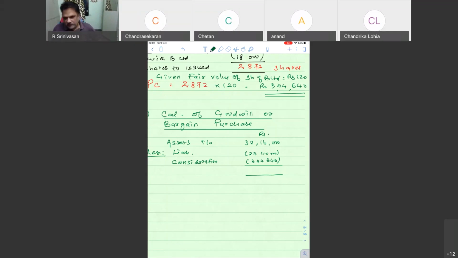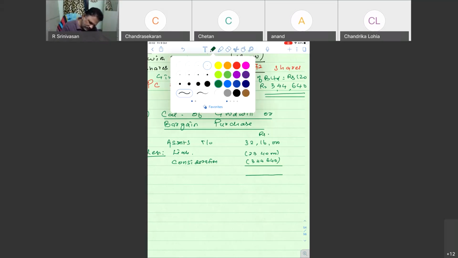We are supposed to pay 8 lakh 76,000 as purchase consideration, but we are paying only 3 lakh 44,640. 32 lakh 16,000 minus 23 lakh 40,000 is 8 lakh 76,000. So you have got net assets worth 8 lakh 76,000, but you are making a payment of only 3 lakh 44,640. Lesser payment you are making. Therefore, it is a gain on bargain purchase.